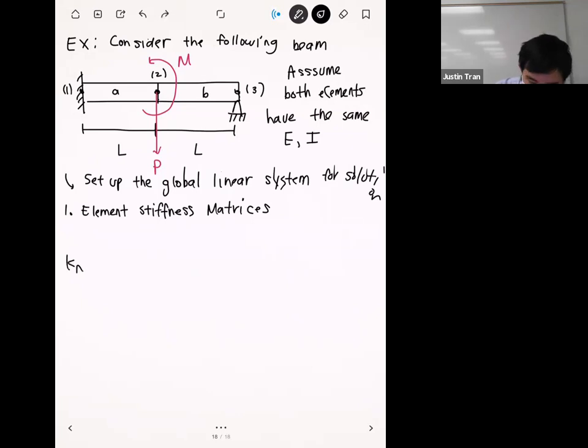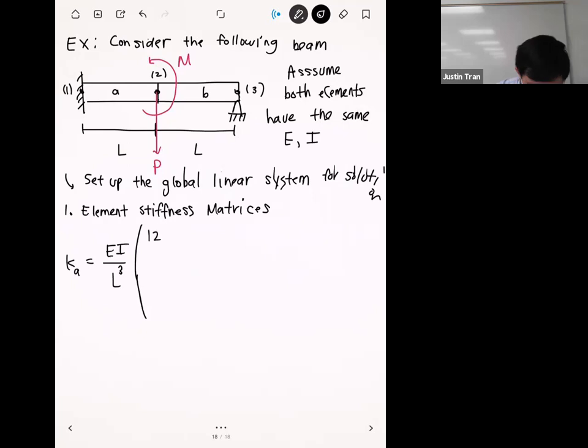And so the element stiffness matrices in this case are going to be a little bit boring, just because we're doing everything in terms of symbols. But let's go ahead and write it down anyway. And so for element A, we have an element stiffness matrix. Out in front, we have EI over L cubed. And then we have all the entries in our matrix here.